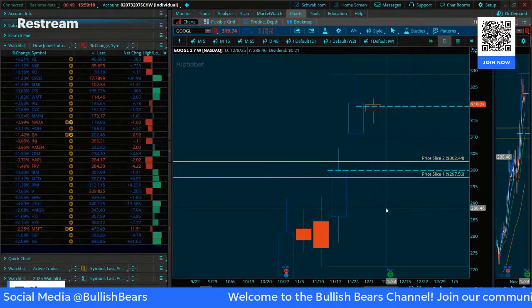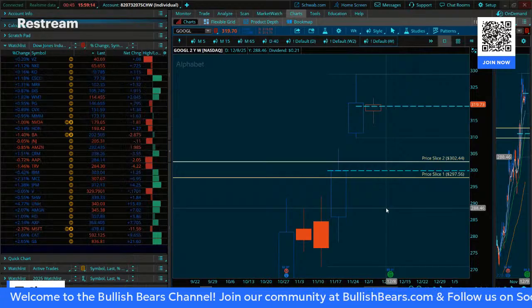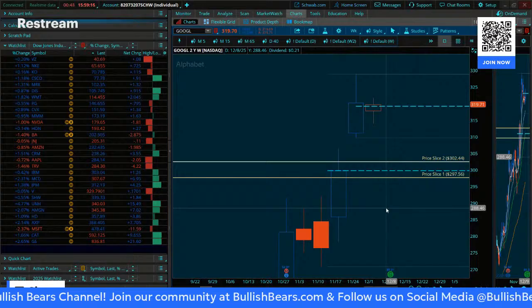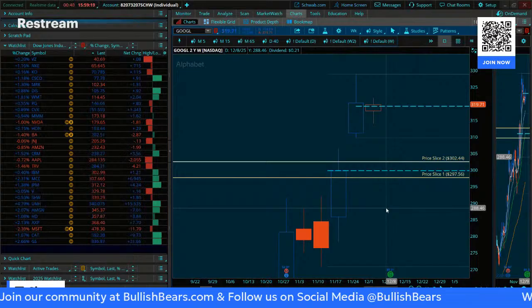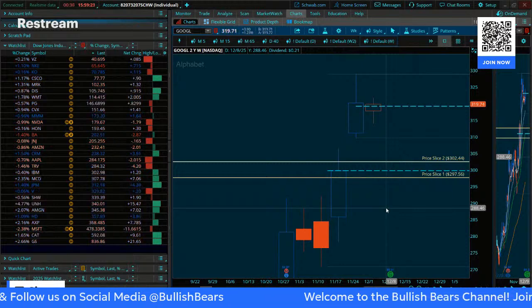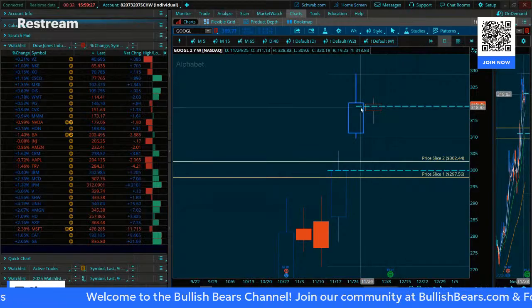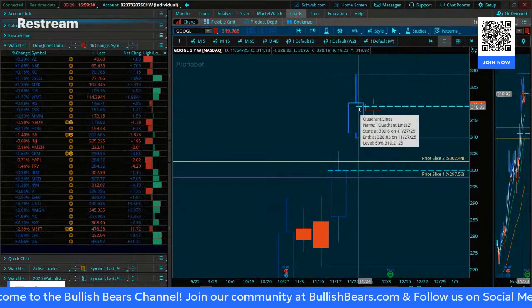So Google fits that, right? Big, beautiful gap up after already being at the highs. We know that that's failure. It's called the gap and crap for a reason, but it hasn't triggered for me yet. It has to at least close below that midpoint.